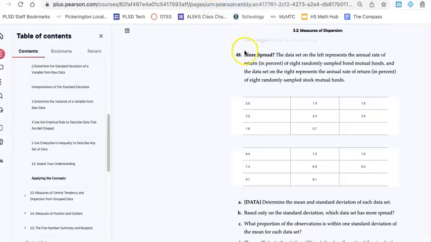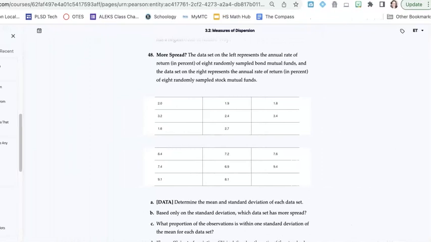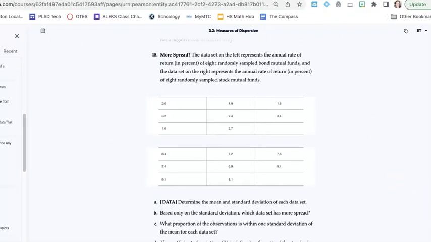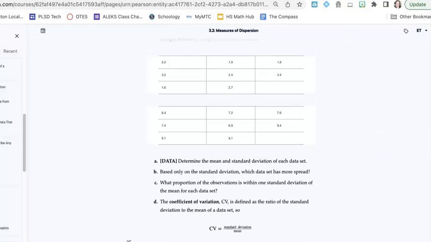Then if I go back again to scroll, sorry, I have to get to the scroller here. Part D, the coefficient of variation is defined as the ratio of the standard deviation to the mean of the data set. So CV equals standard deviation divided by the mean.